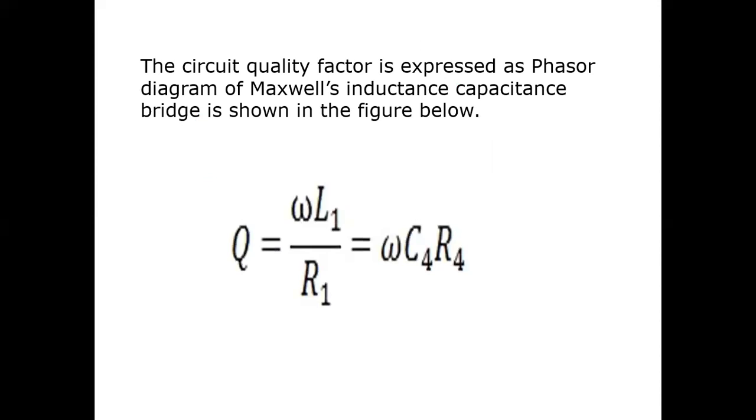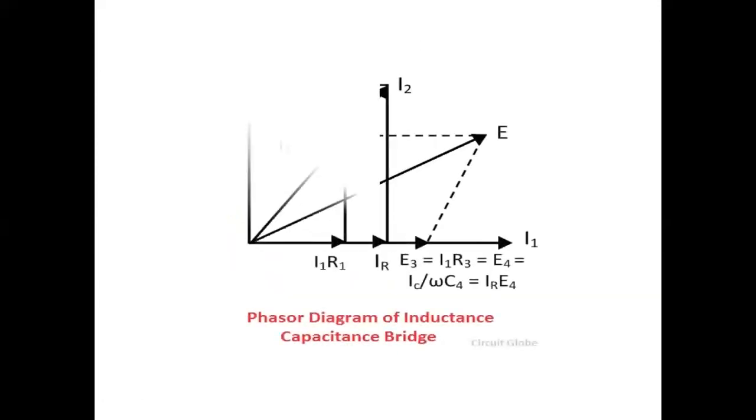The quality factor is expressed as Q is equal to omega L1 upon R1, which is equal to omega C4 R4. This is the quality factor of the coil.